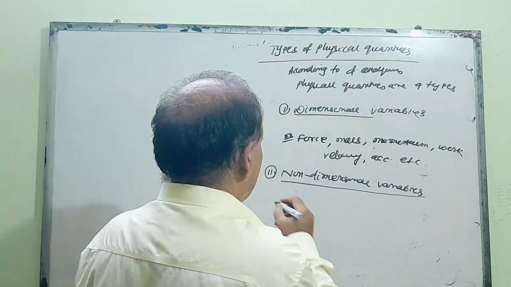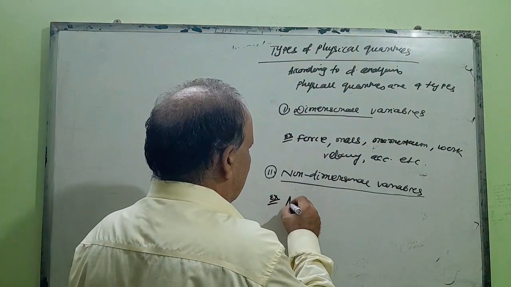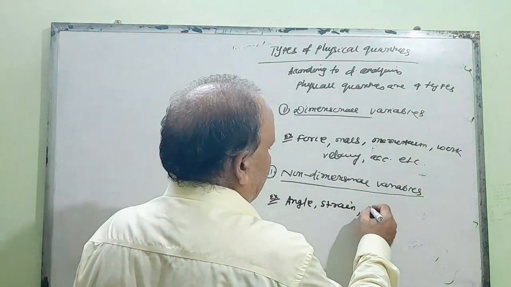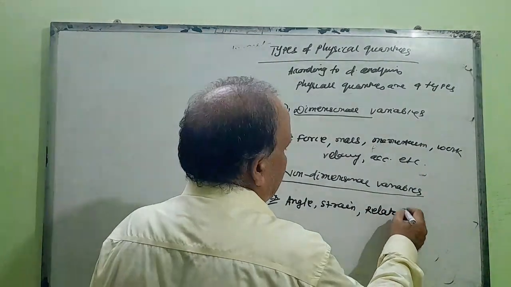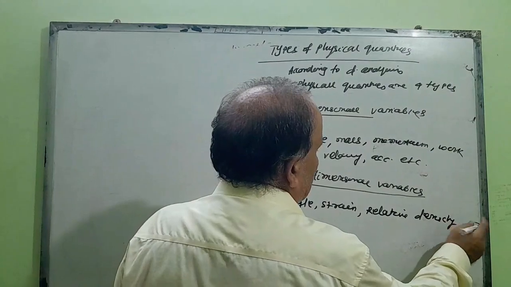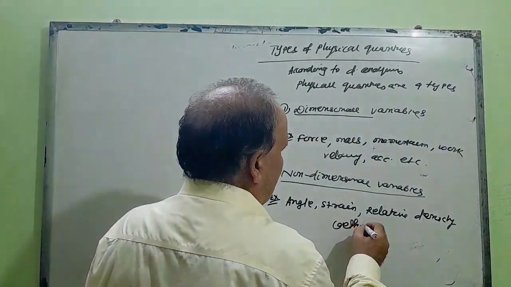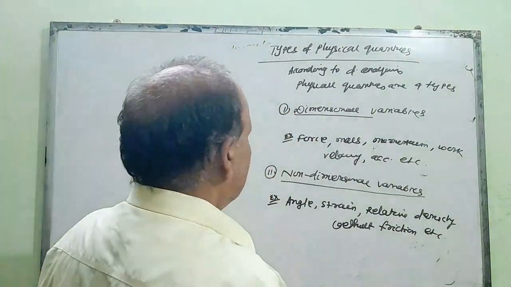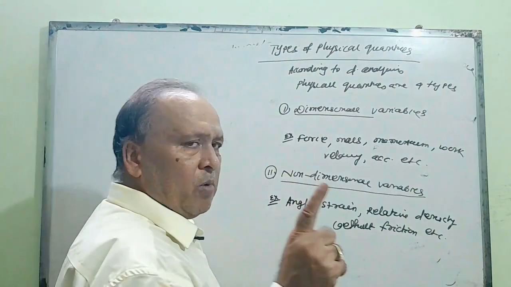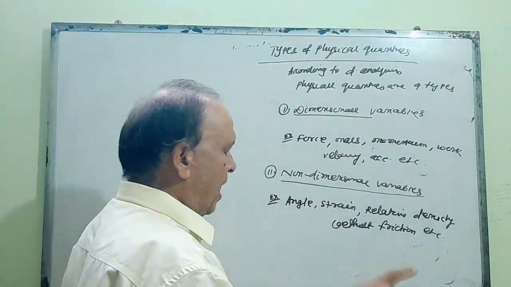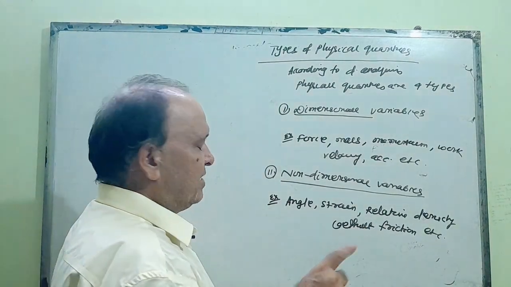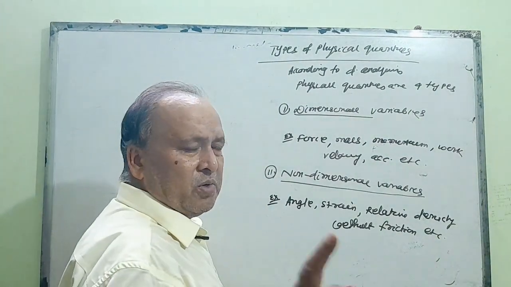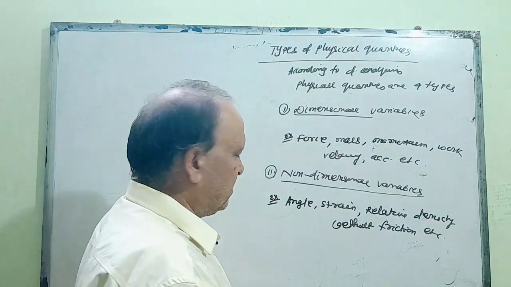Your examples are angle, strain, relative density, your coefficient of friction, like this. These are expressed in terms of pure ratio, the ratio in which both numerator and denominator have the same physical quantity.